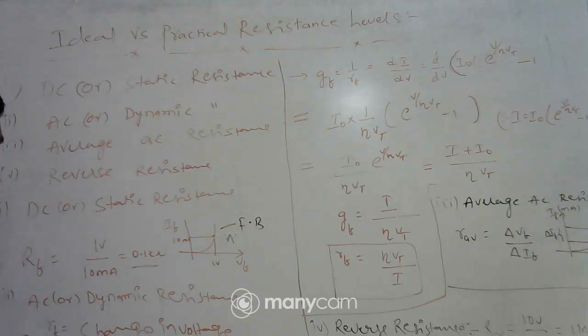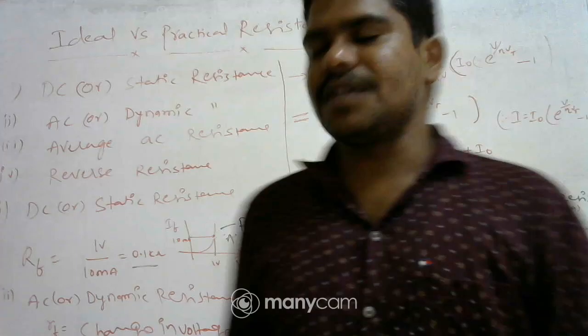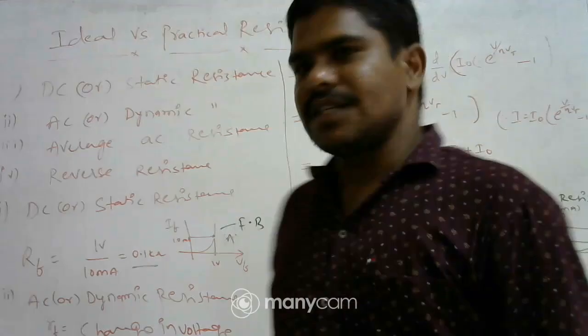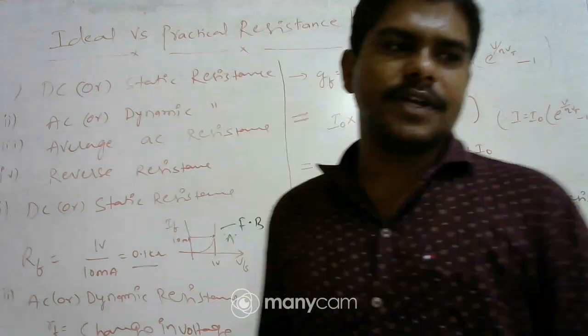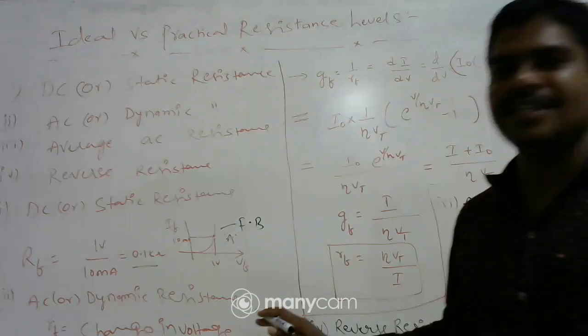Then the second one, AC resistance. AC resistance means change in voltage and the resulting change in current. That is called AC resistance or dynamic resistance.